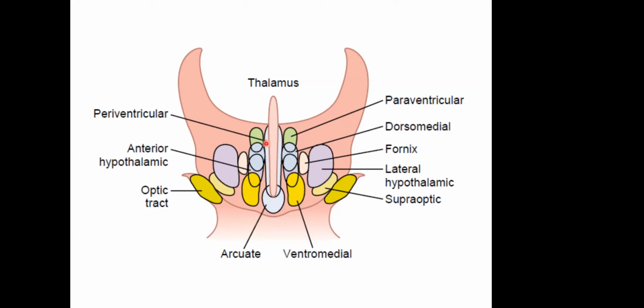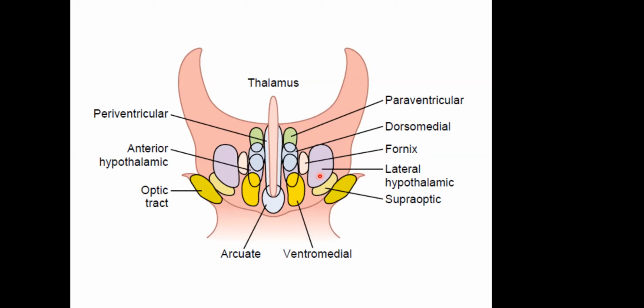So periventricular nucleus, which you can see is in close association with output. And you see paraventricular on both sides, of course, paraventricular. And then you see the lateral hypothalamic area.